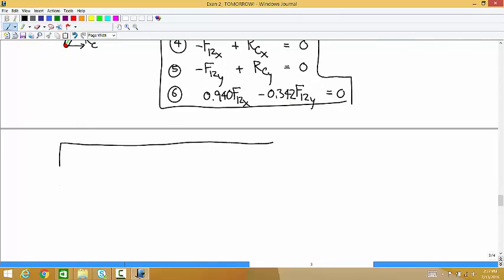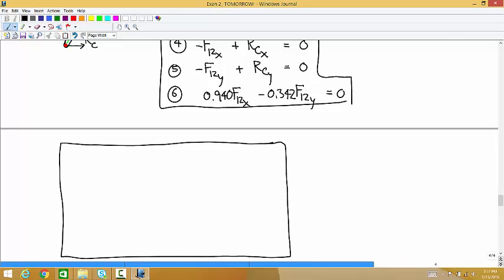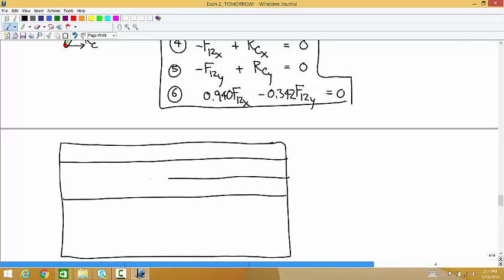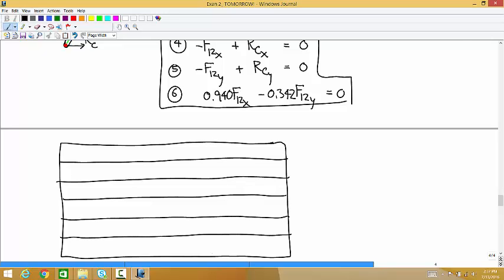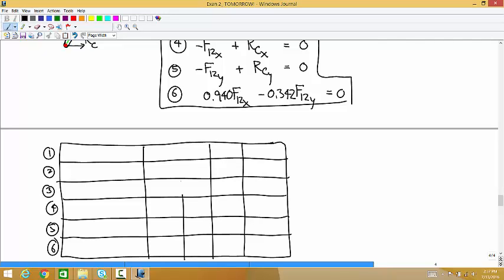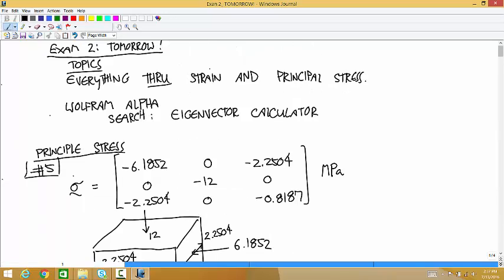We can solve this with a matrix. So 6 equations: one, two, three, 4, 5, 6. Yikes.